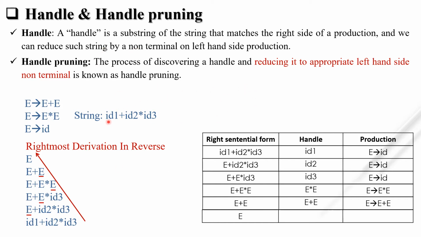When we discover any terminal or non-terminal in the string and it can be replaced with any non-terminal on the left hand side, then we can say that is a handle. But when we replace that terminal or non-terminal symbol with the left hand side, then we can say it is handle pruning.